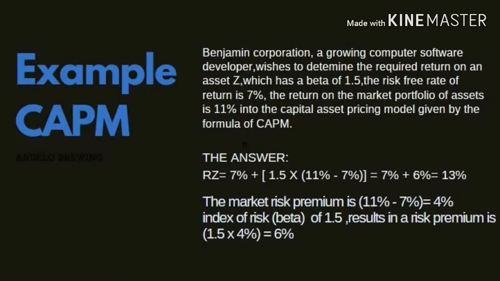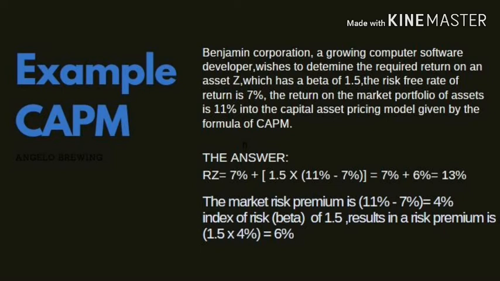So, after we have seen the case of Benjamin Corporation, we can conclude that the beta on asset Z is 1.5, Rf is 7%, and Rm is 11%. And after we got the data, we input this data into the CAPM formula.